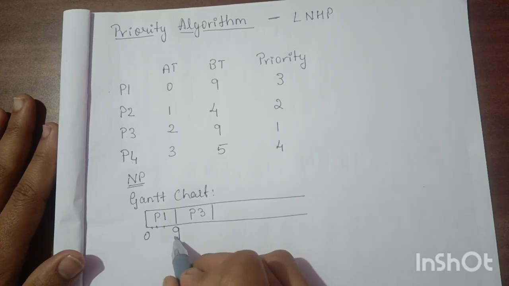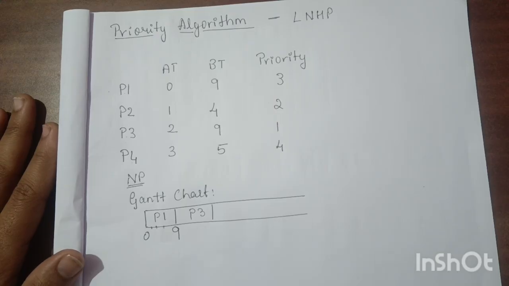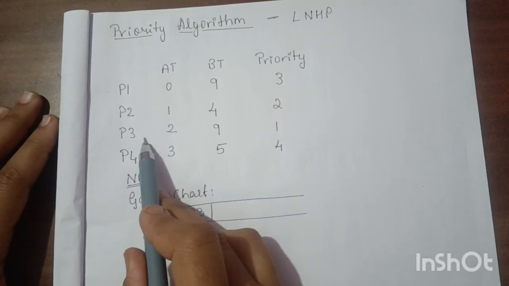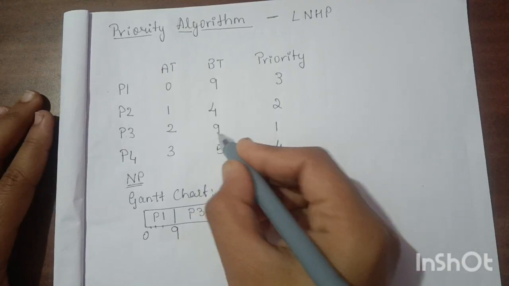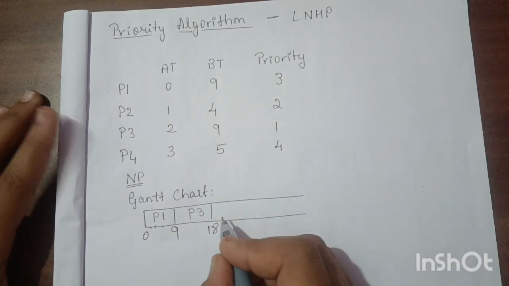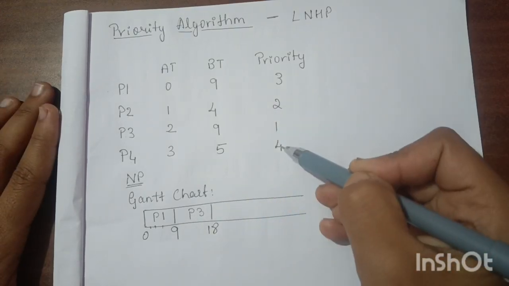So we have 9 plus 9, since its burst time is 9, so it is 18. Now we are done with P1 and P3. Remaining are P2 and P4.